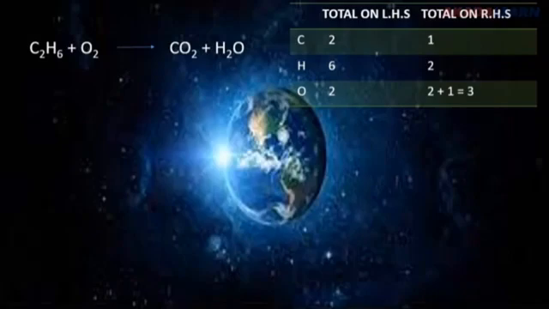Hydrogen 6 on the left hand side, 2 on the right hand side. Oxygen 2 on the left hand side, then 2 plus 1, making it 3 on the right hand side. The 2 plus 1 is that CO2 will give us 2 oxygens plus H2O, that O in the H2O is 1 oxygen. 2 plus 1 making it 3.